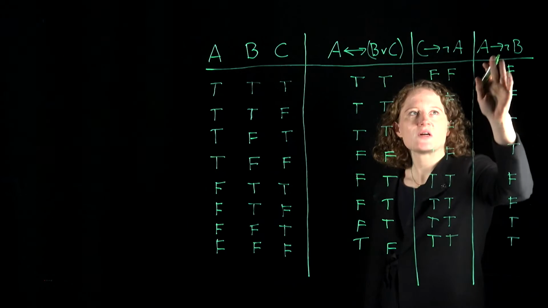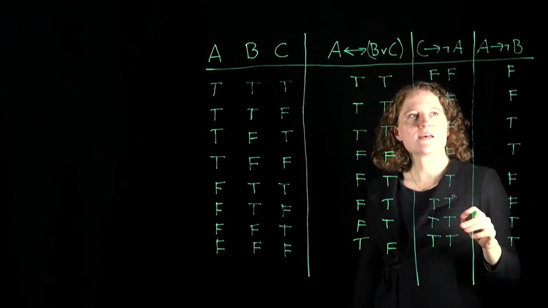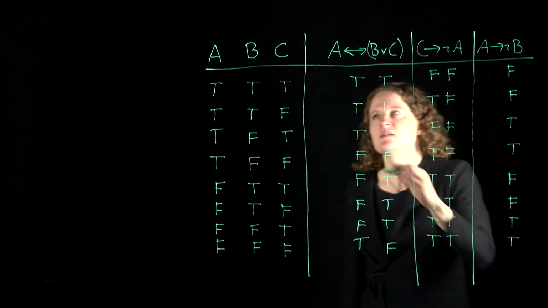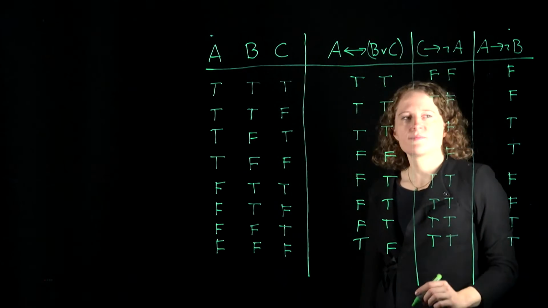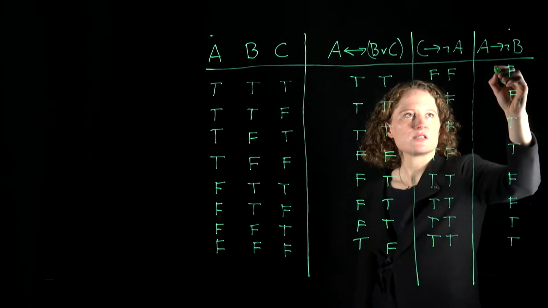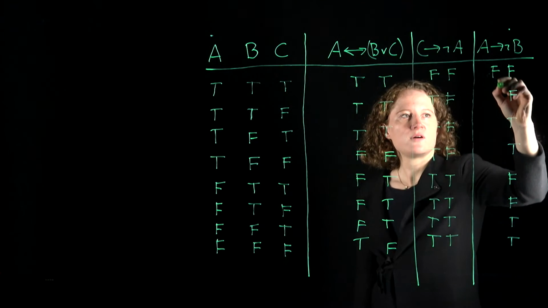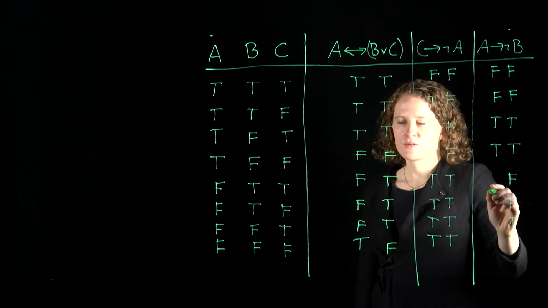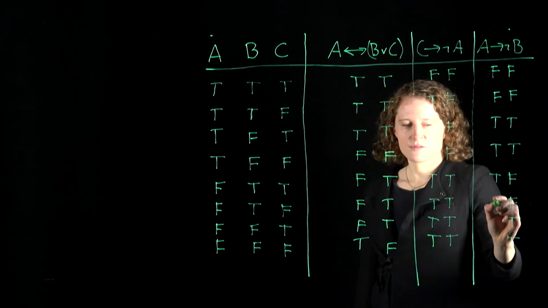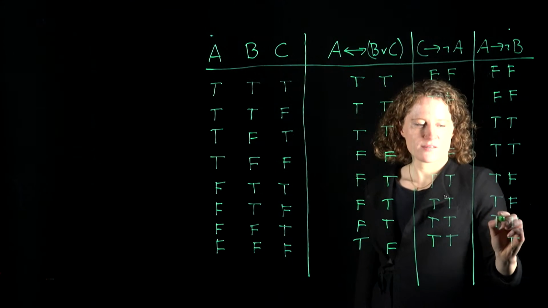Now I know that the conditional is false if and only if the antecedent, which is A, is true and the consequent is false. So that means the conditional is false, false, true, true, true, true, true, and true.